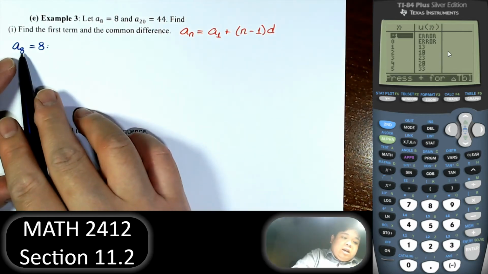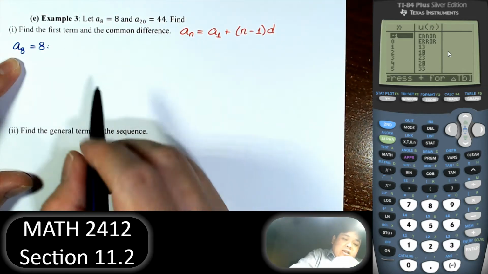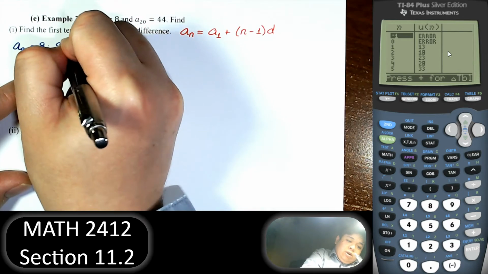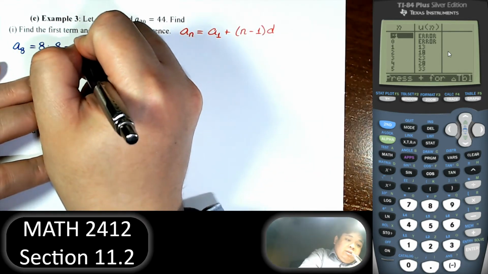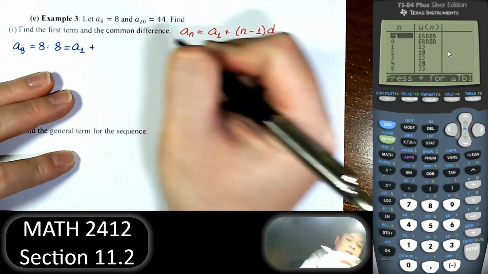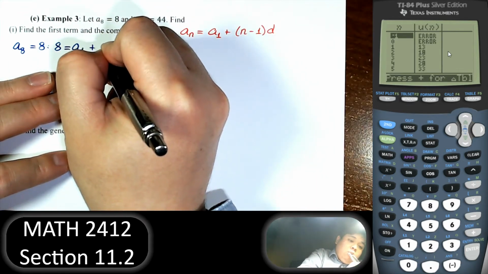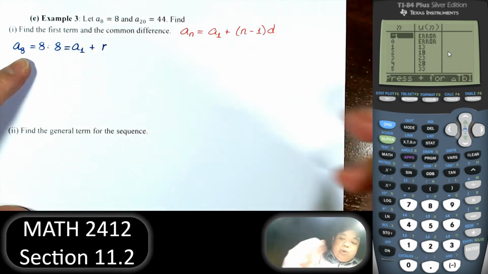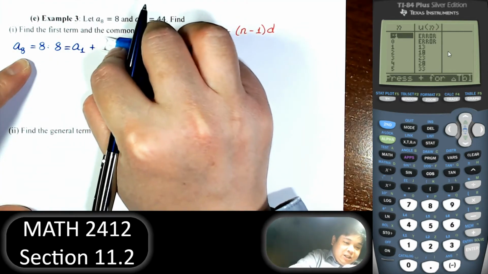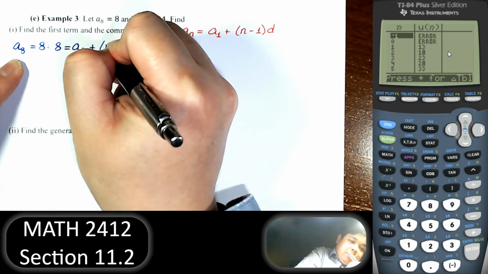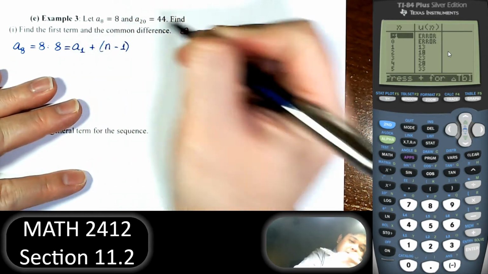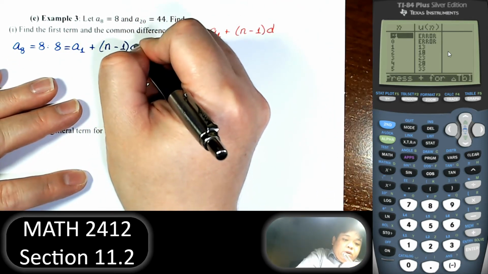So meaning that when n equal to 8, the sequence is equal to 8. So 8 equal to a1, I don't know what it is, plus n minus 1. Don't know what n is. Oh, actually we do know n is equal to 8. So it's going to be n minus 1, times the common difference, we don't know.